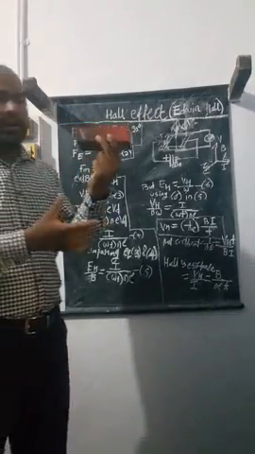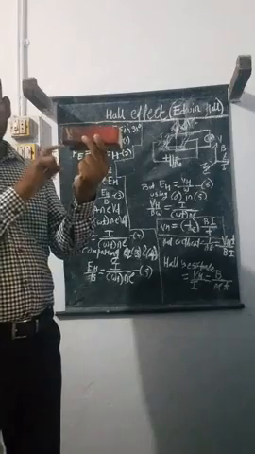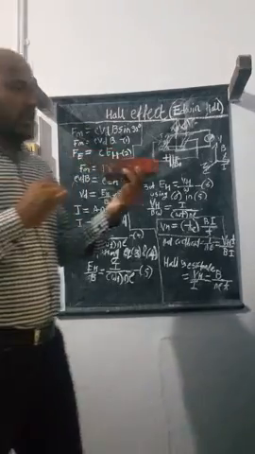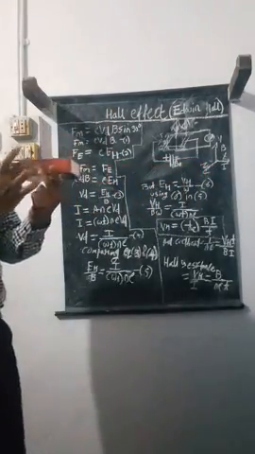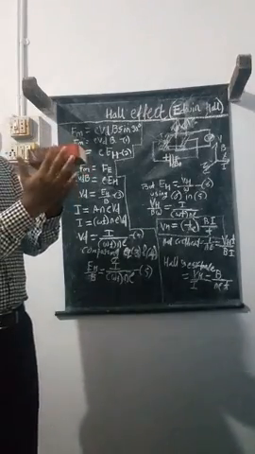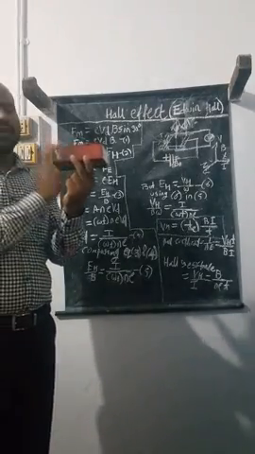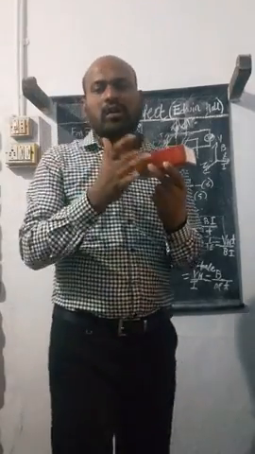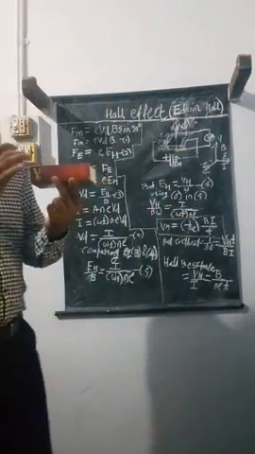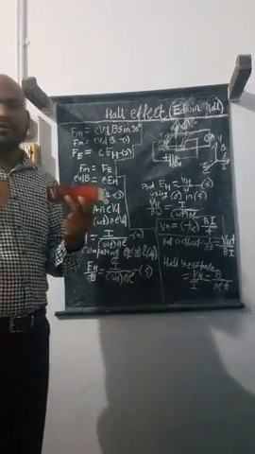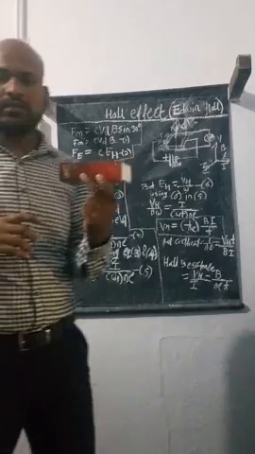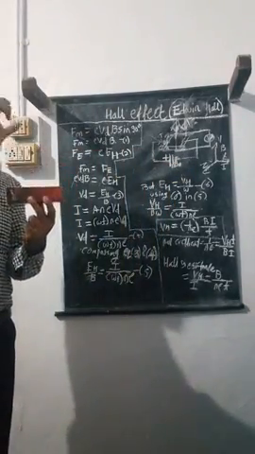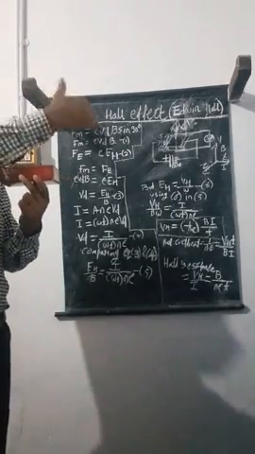When we switch on the battery, current flows through this specimen. Between the front face and the back face, there is no voltage developed. But when the magnetic field is applied, automatically a voltage is developed.